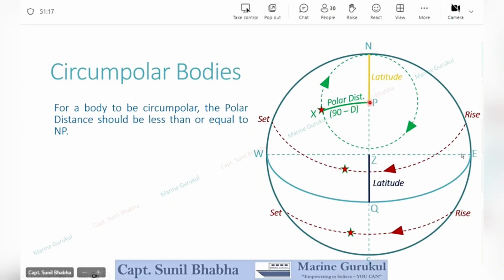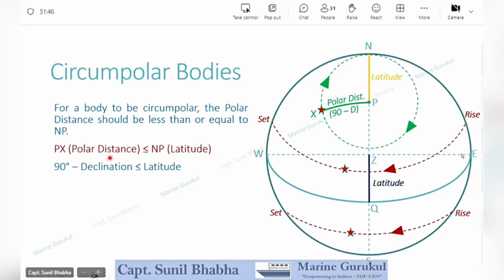That is, the polar distance of the body should be equal to or less than the elevation of the pole, NP. Now, NP or elevation of the pole is equal to the latitude of the observer. So we now come to this relationship that PX, which is the polar distance, should be less than or equal to NP, which is the latitude.